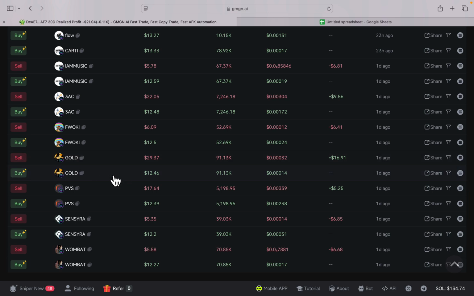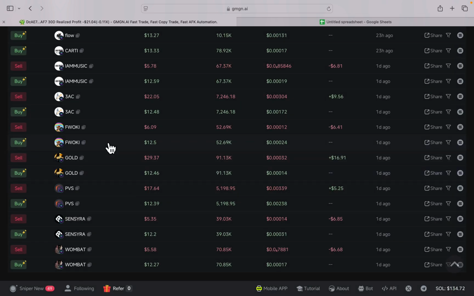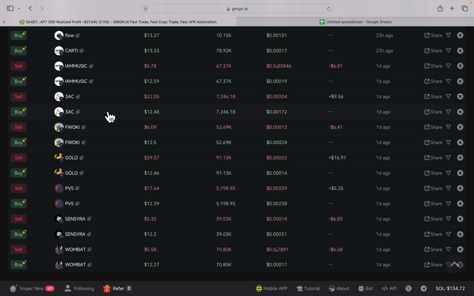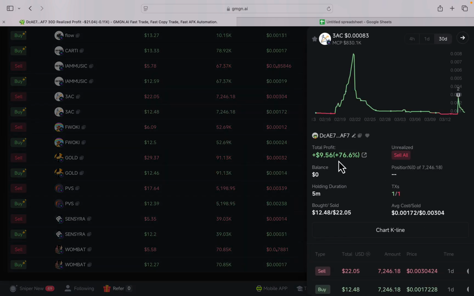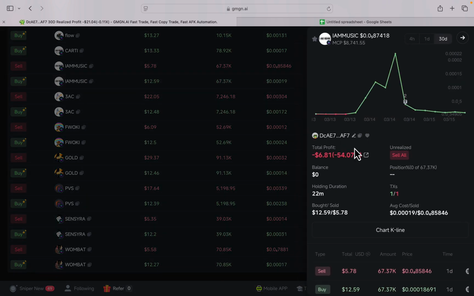For the fourth one, this was a great trade, 135% profit. I was able to even get a 2x and even 3x from this token, but my take profit was at this level. I lost again, minus 51%. For this one, plus 76% profit, and this one minus 54%.